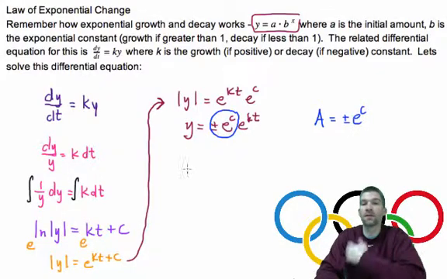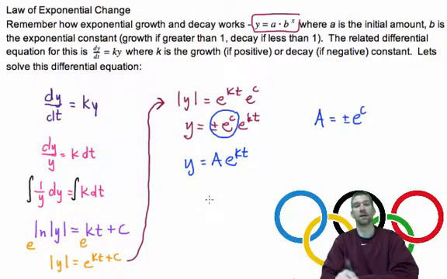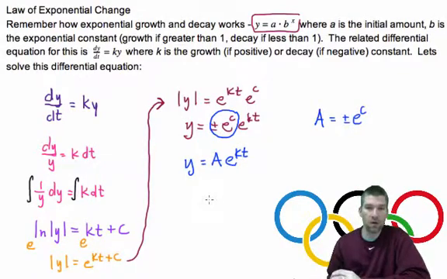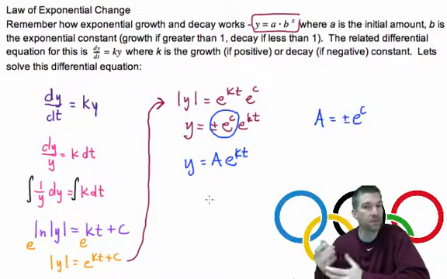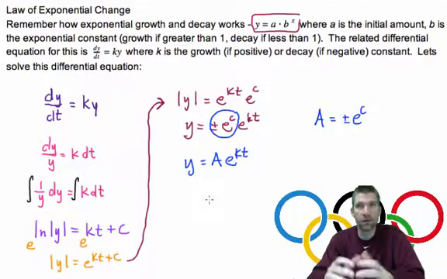Our solution for this differential equation will be y equals A times e to the kt. That we've seen before. e is our base, k times t is our exponent. I just think this is a really neat thing to understand, because the next few problems that we work out are going to be based off the formula that we just discovered.